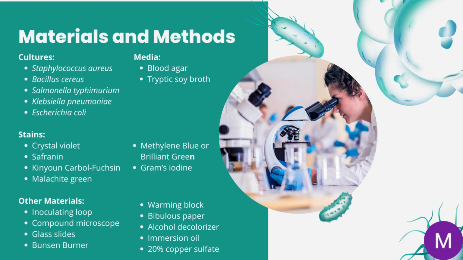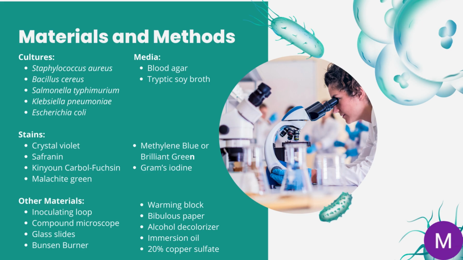In this slide, it demonstrates the materials and methods used for this experiment. As you can see, there are 5 different cultures used, such as Staphylococcus aureus, Bacillus cereus, Salmonella typhimurium, Klebsiella pneumoniae, and Escherichia coli. The 2 types of media used in this experiment would include blood agar and tryptic soy broth. As far as stains go, there are many stains used throughout the experiment, such as crystal violet, safranin, quinone, and a few others.